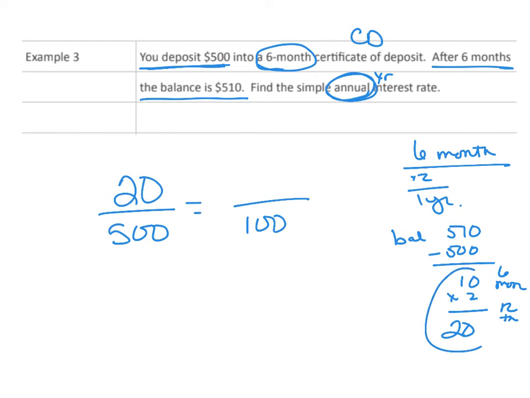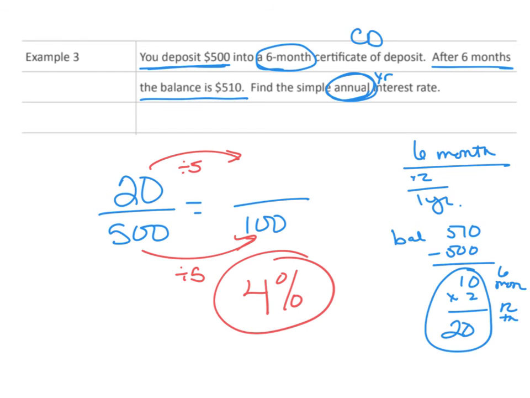So 10 times 2 gives us 20. So again, going easy, 500 divided by 5 gives me 100, and 20 divided by 5 gives me 4. Our simple annual interest rate is 4%. Be aware of that year. It's going to come back on another problem in a little bit.